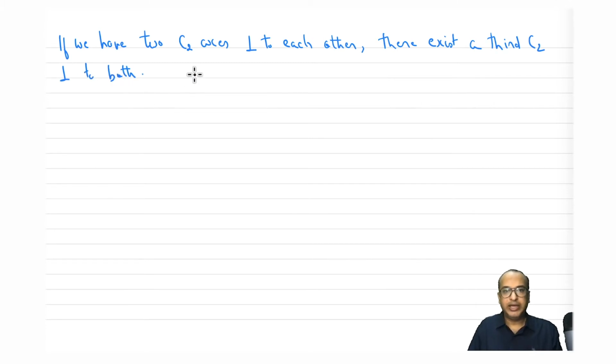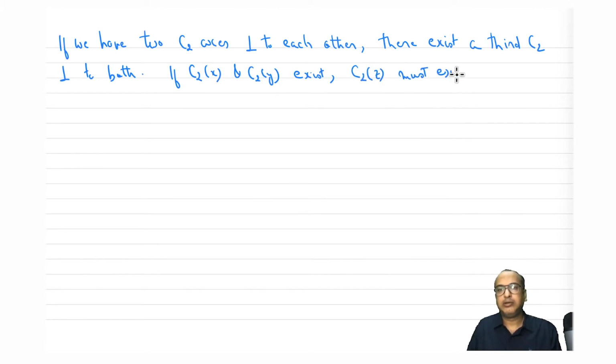So we can say that if C2x and C2y exist, because they are perpendicular to each other, C2z must exist.